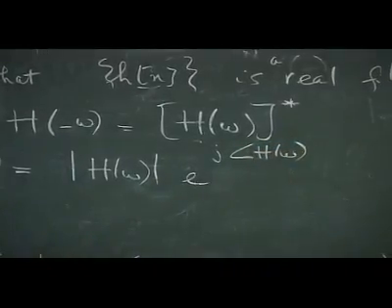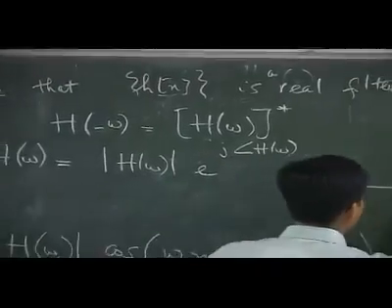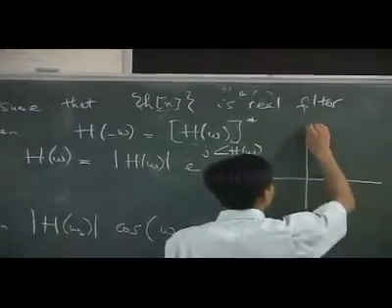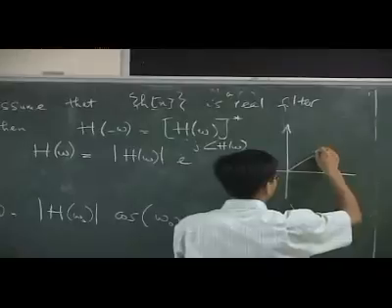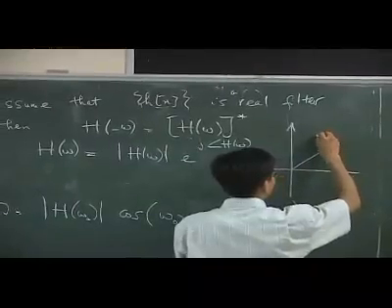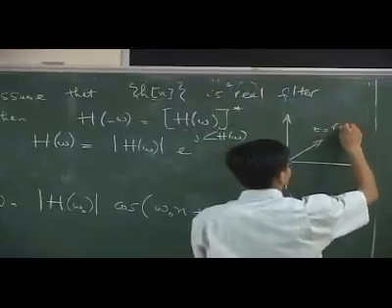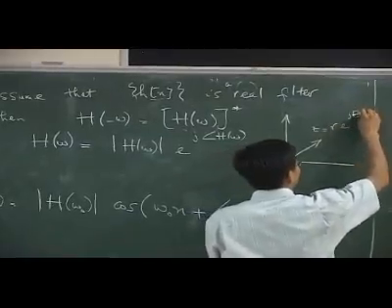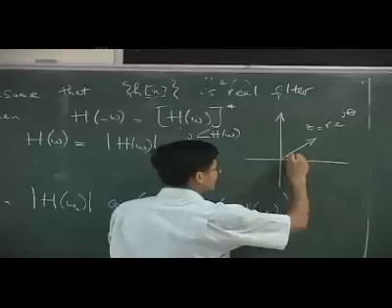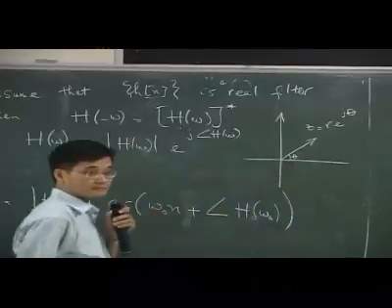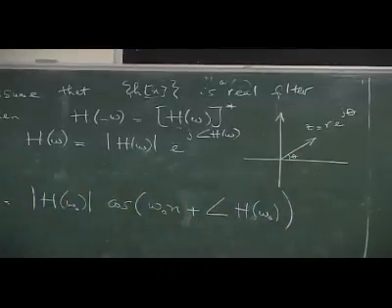Any number z is always equal to r times e^{j theta}, where this is the angle theta here. So that is the complex number.